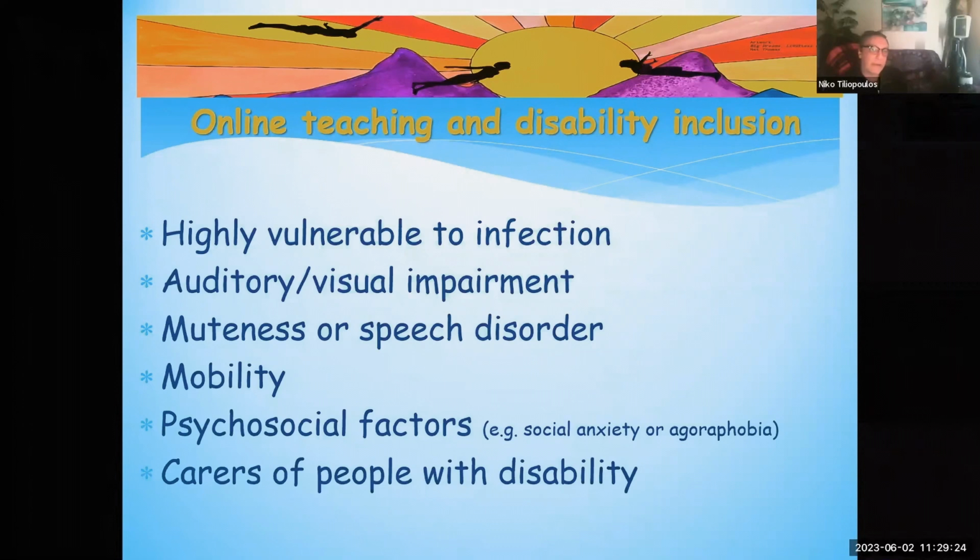It accommodates people with auditory or visual impairments because, you know, now you have closed captions, and there are also add-on software that can help people with visual impairments. It helps people with muteness or speech disorders because now they can type their questions if you wish.